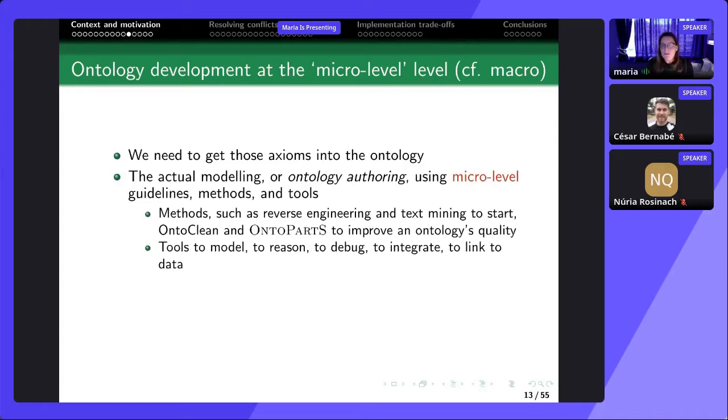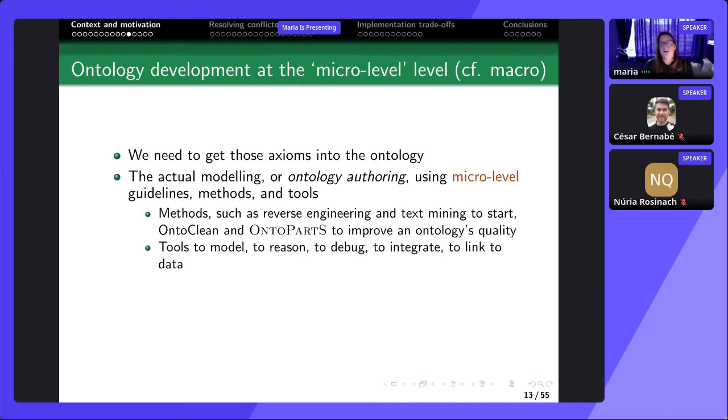The actual modeling is also sometimes called ontology authoring, and it uses, as opposed to these macro level information system processes, what is also called micro level guidelines: methods and tools specifically that focus and zoom in on one specific axiom and how to get the best axiom into your ontology. For instance, with OntoClean, how to get a good hierarchy of the classes in your ontology.